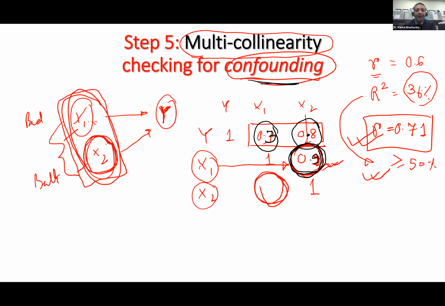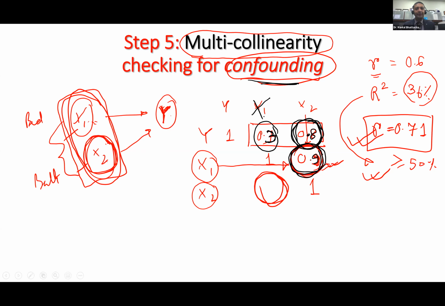When you compare their values against Y, X2 is clearly much more highly impacting Y compared to X1. So I will take out X1 from the regression model and run my regression. But it again depends on how that correlation turns out to be.